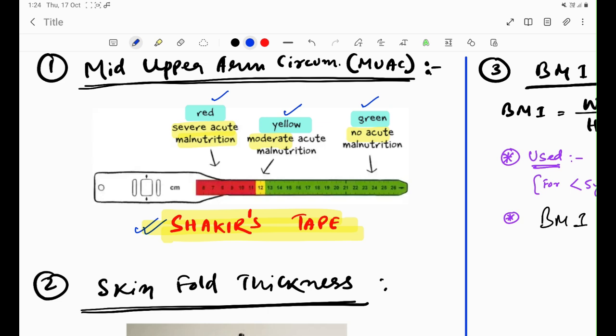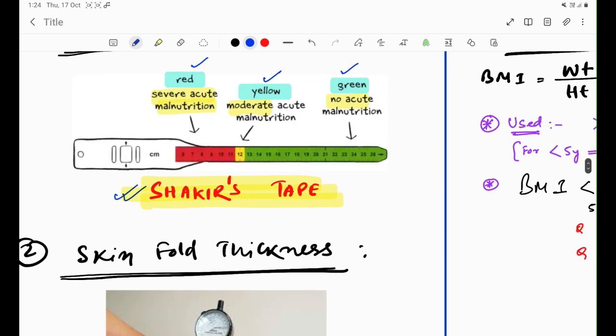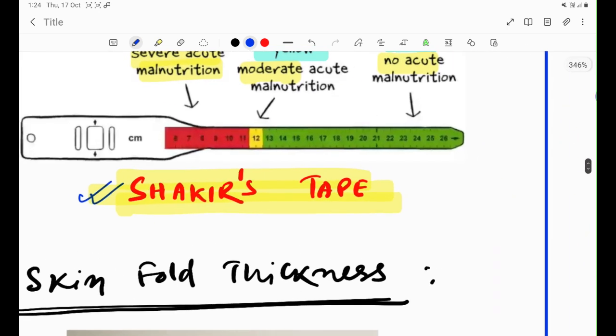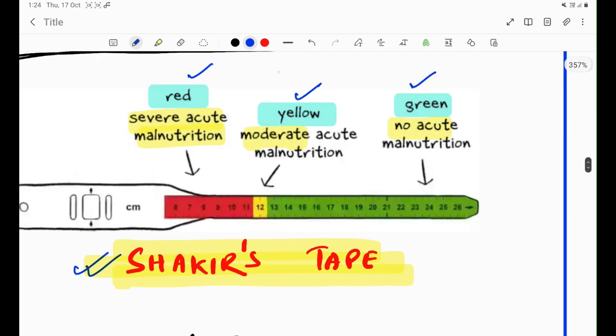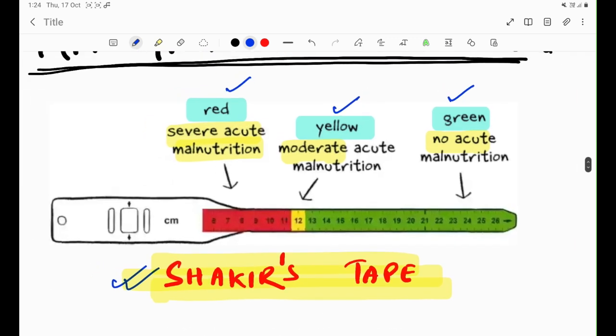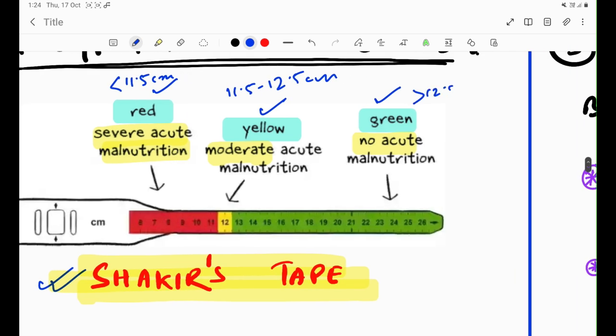So just remember, green is the normal, yellow is moderate, red is the severe. And the range is: red is less than 11.5 centimeter. Yellow is 11.5 to 12.5 centimeter, and green is more than 12.5 centimeter, which is normal.